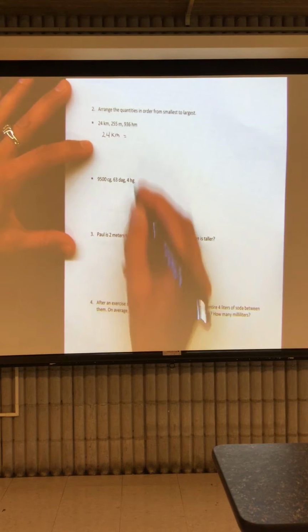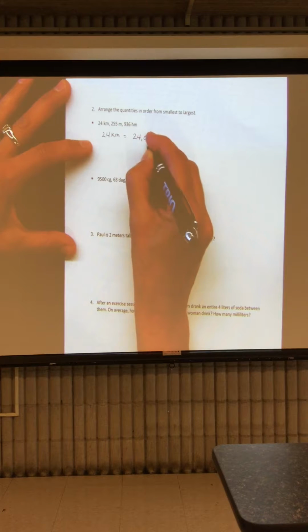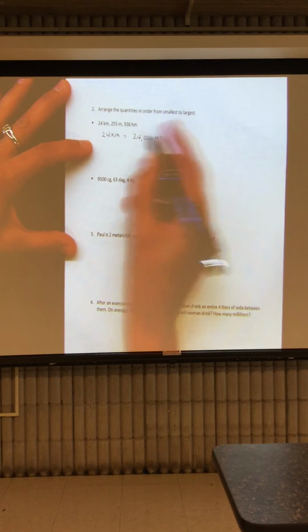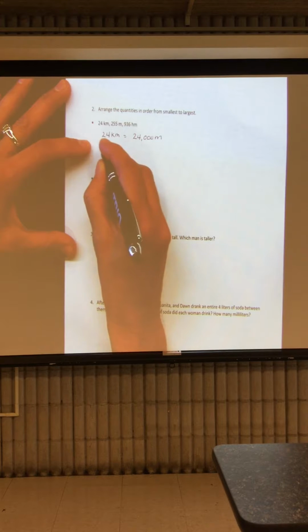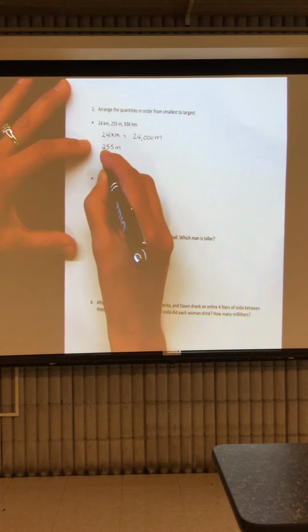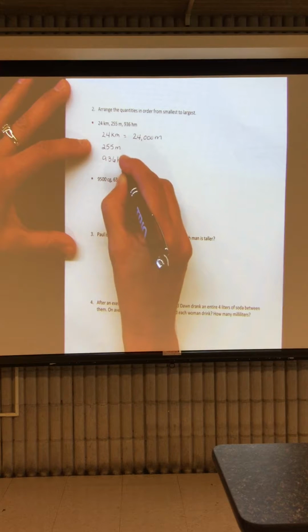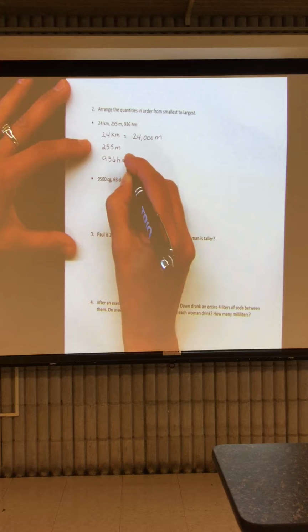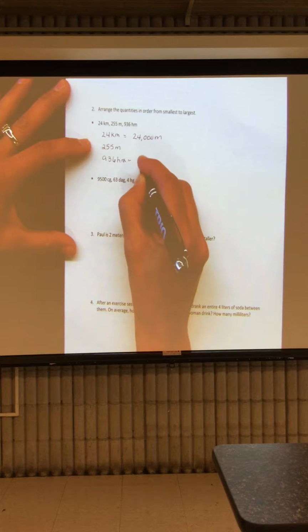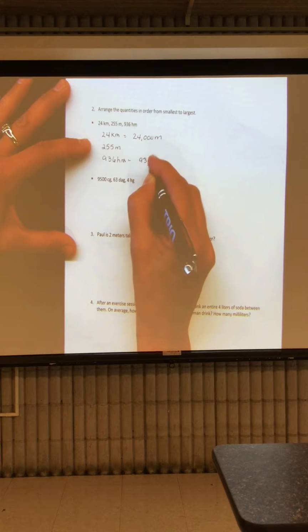So therefore, 24 kilometers is equal to 24,000 meters. 255 meters we leave as it is. 936 hectometers is equal to 93,600 meters.